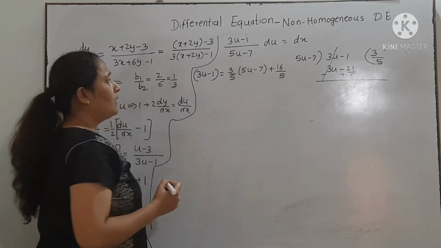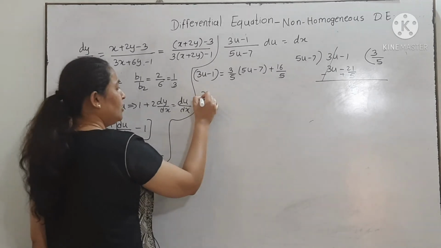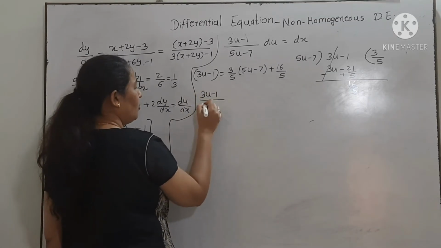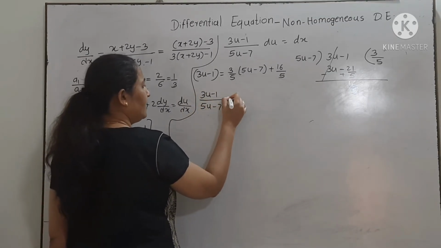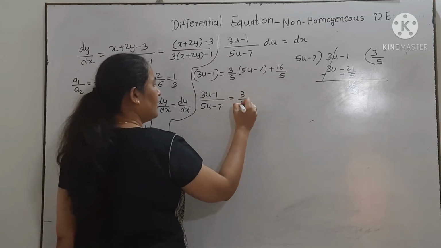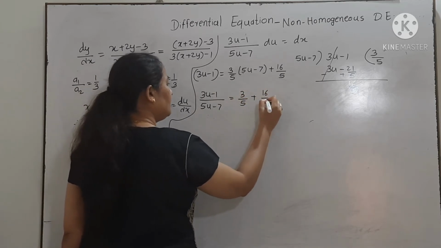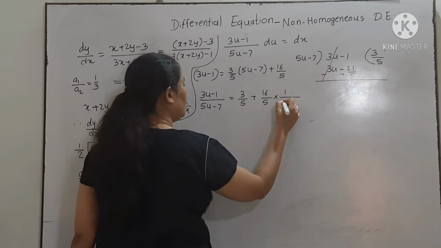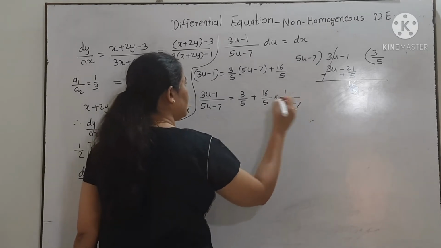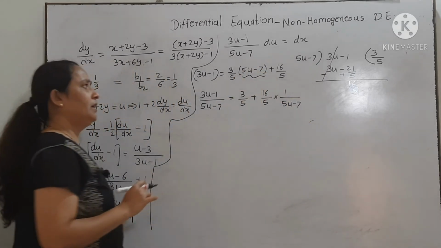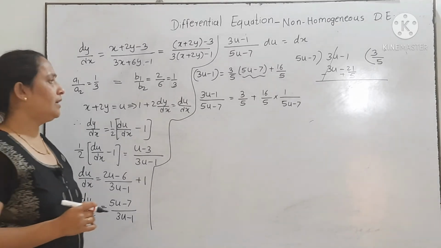If I divide throughout by 5u minus 7, this (3u minus 1) upon (5u minus 7) will be equal to 3 by 5 plus 16 by 5 into 1 upon 5u minus 7. What we have done? Divide throughout by 5u minus 7.